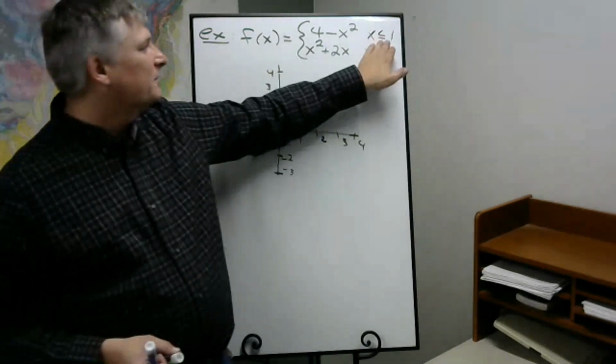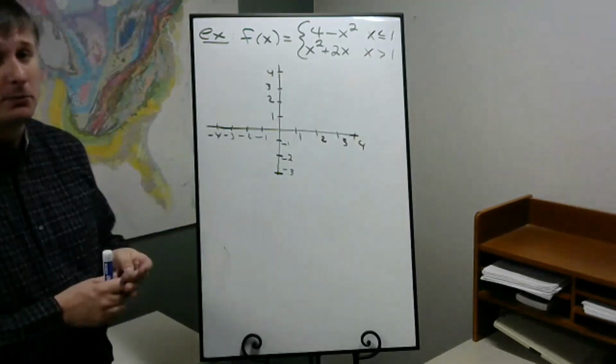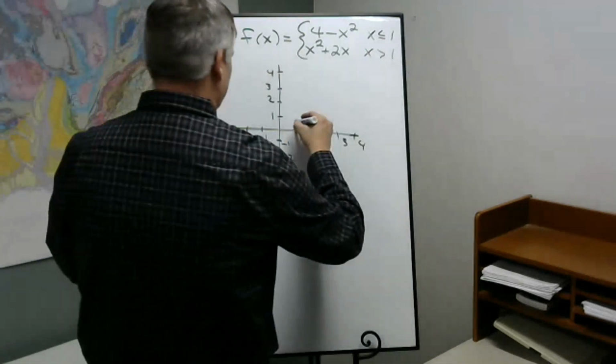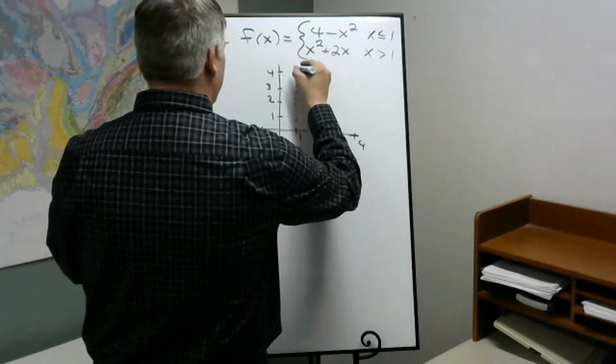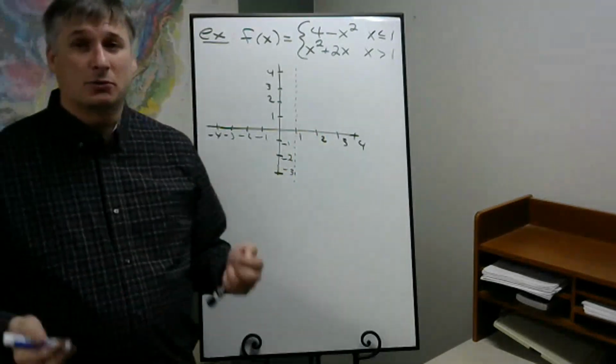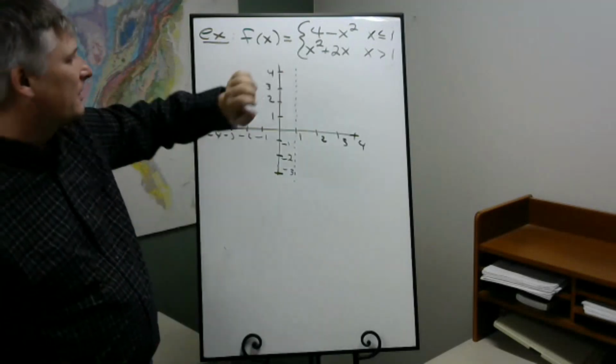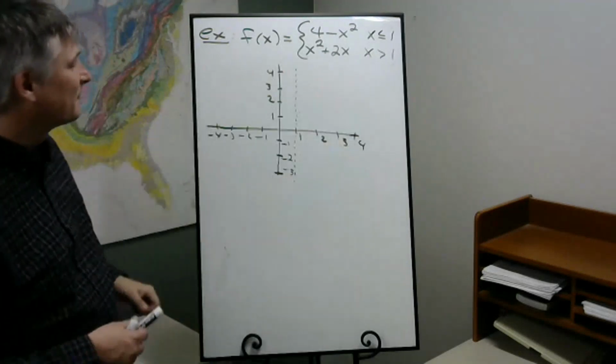Now, the first phase are all the values of x less than or equal to 1. And then the second phase will be all the x values greater than 1. So our first phase is here. Our second phase is over here.